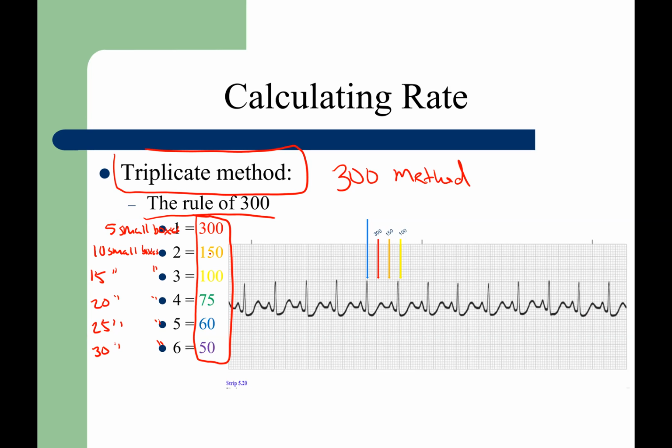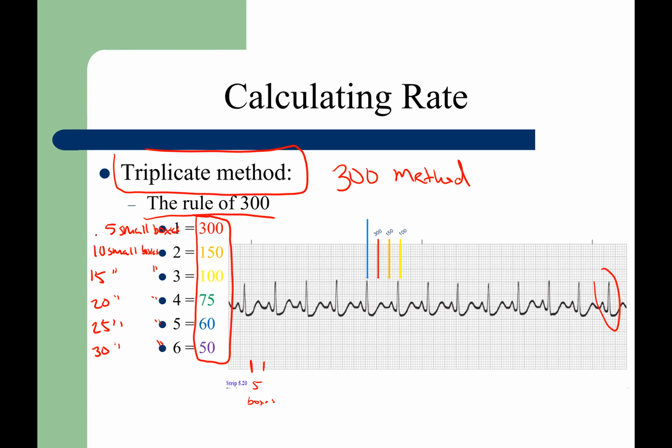All right, so what we're going to do here is select a QRS complex that lands on one of these heavy dark lines. Now, what's the reason behind that? Well, because between each heavy dark line, I know I have 5 boxes. So it's for convenience that we want to find a QRS complex that lands on a heavy dark line or pretty darn close, because then it's easy to count by 5.